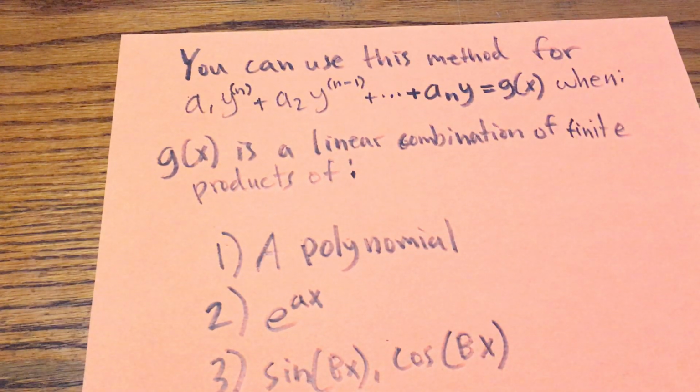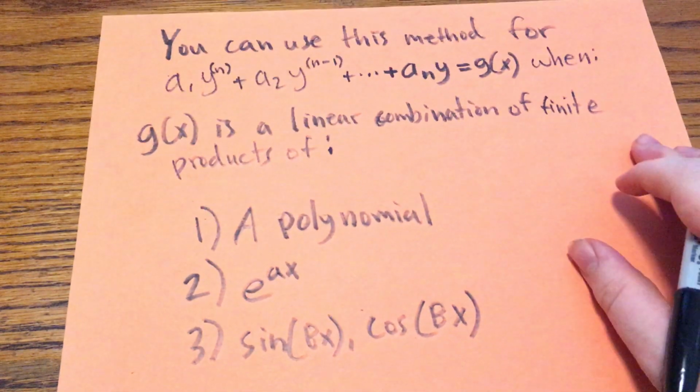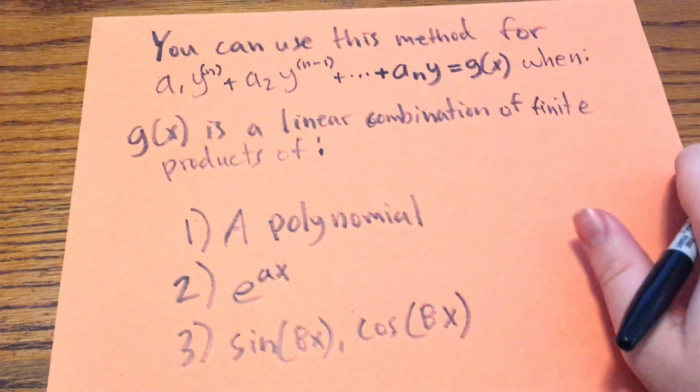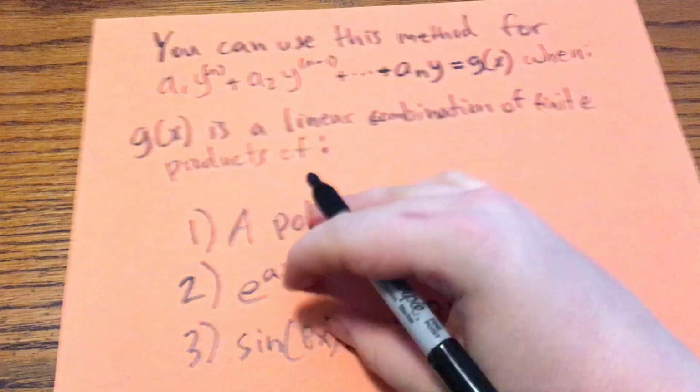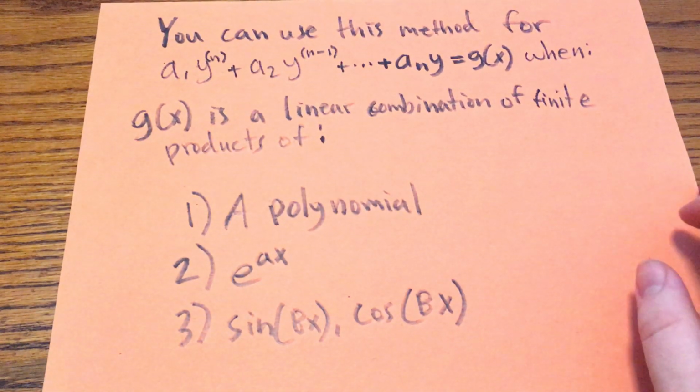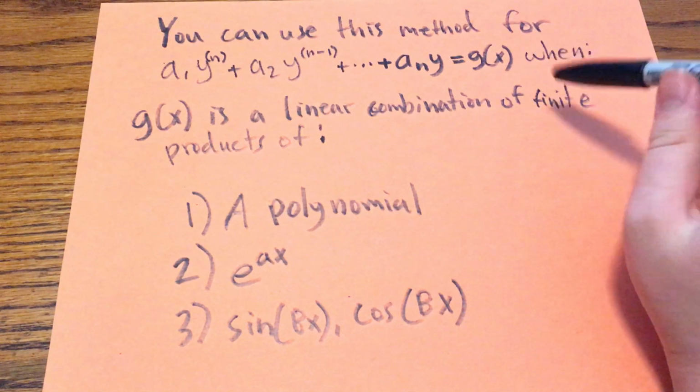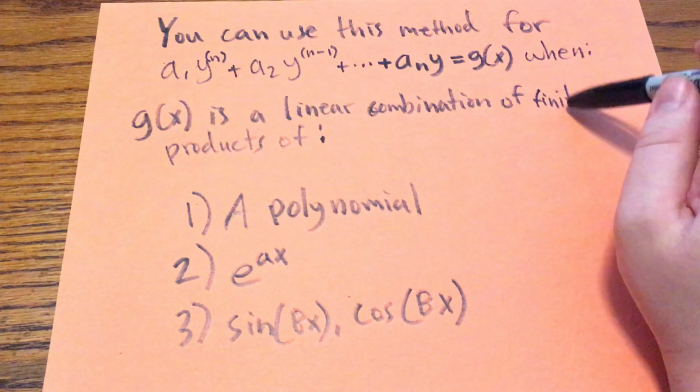Now, what a linear combination means is just a series of multiplying them together and adding them together. So you could really have any combination of these three things added together and multiplied together. Albeit you can only have finite products, so you cannot have infinite products of anything.